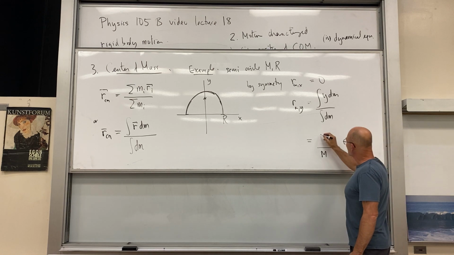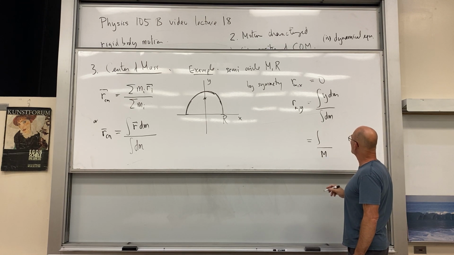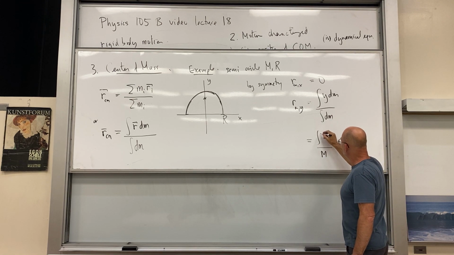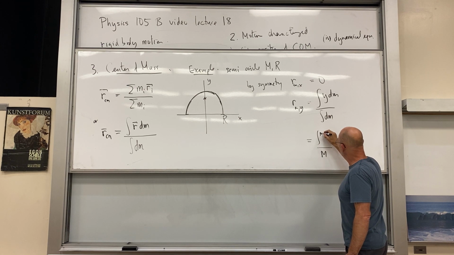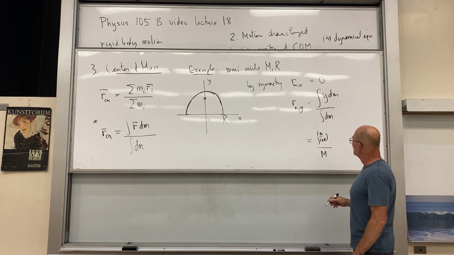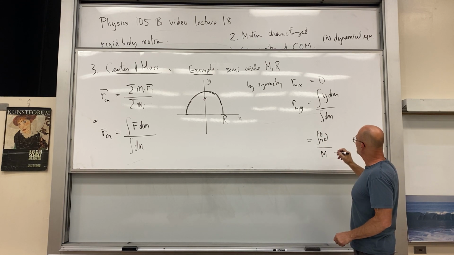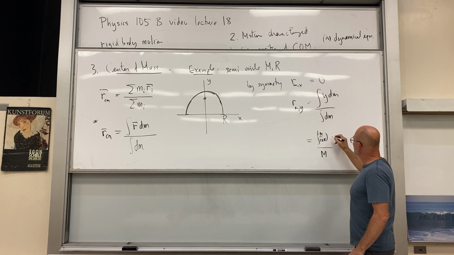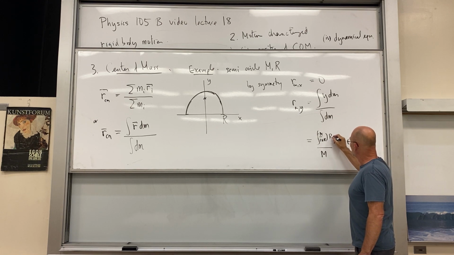In the numerator, the dm is going to be M over 2 pi R, that's mass per unit length, and for y we'll use R sine of phi.